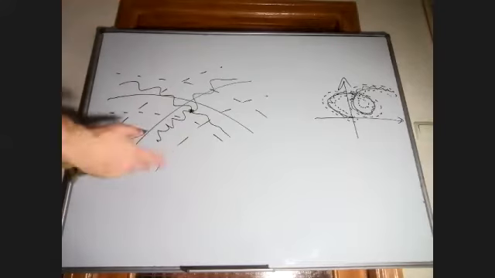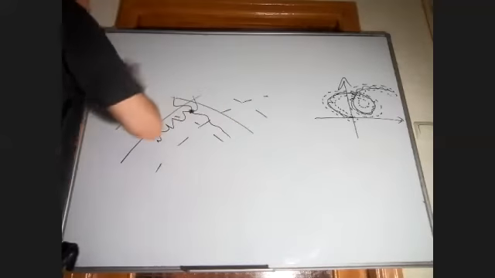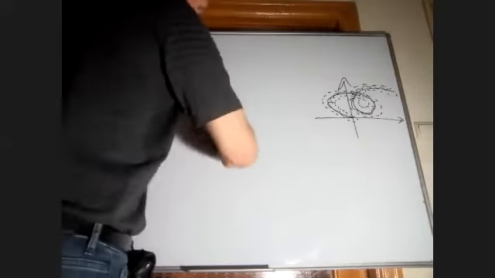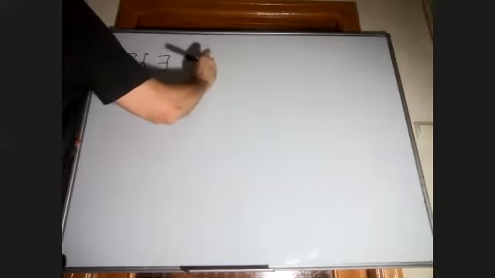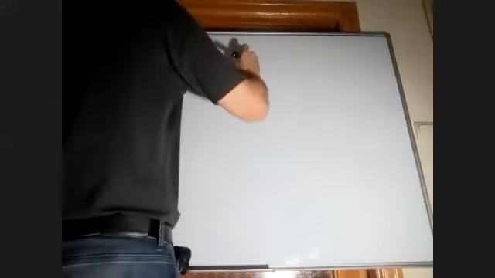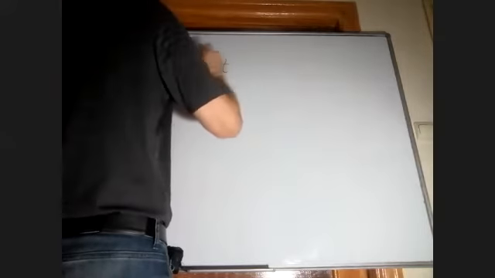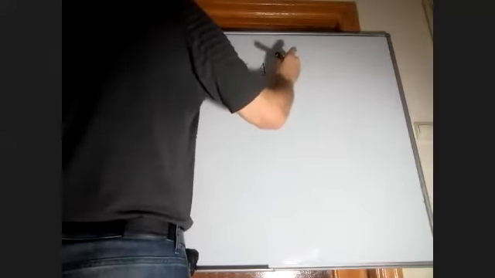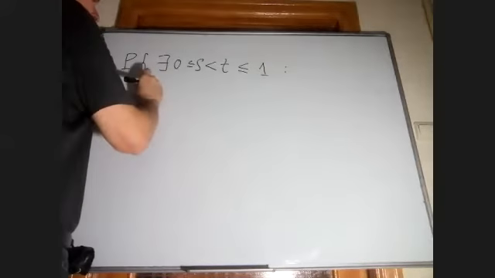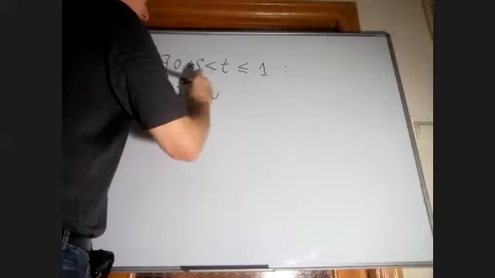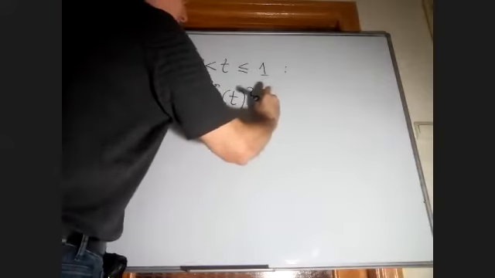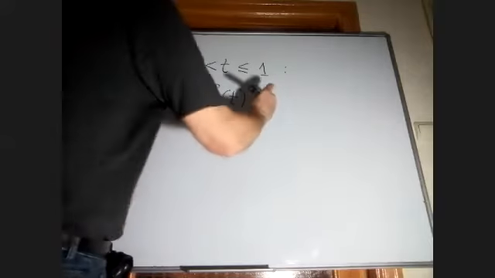We already proved a very interesting and not easy to check statement: the probability that there exists S smaller than T from the interval 0, 1 such that W(S) is equal to W(T) is positive.